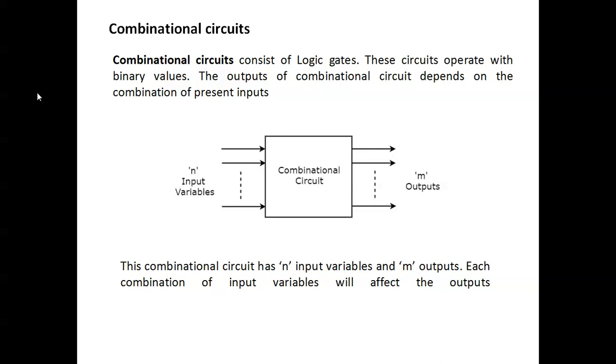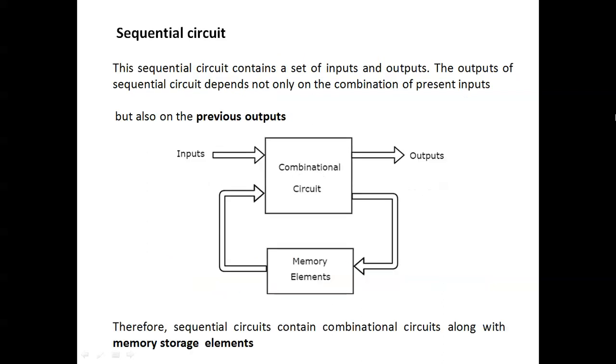Examples of combinational circuits are multiplexer, demultiplexer, magnitude comparator, encoder, decoder. All these are examples of combinational circuits. Sequential circuit means its output depends upon the present input, and also the output depends upon the previous outputs.